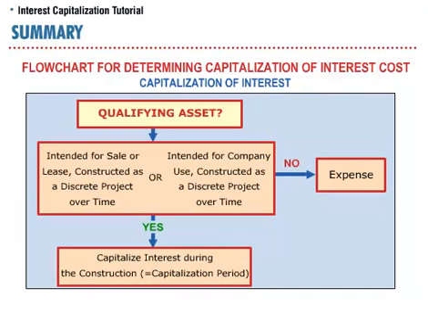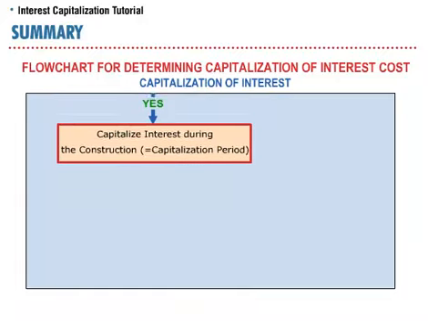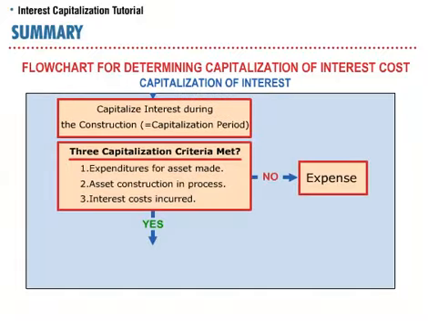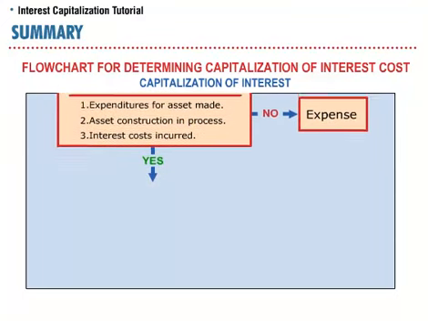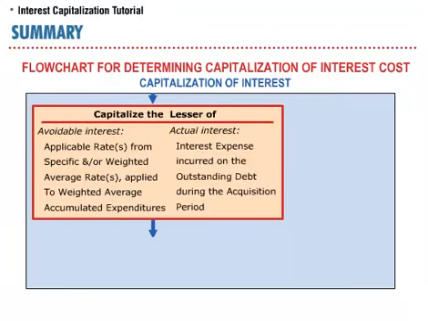The capitalization period begins when expenditures for the asset are made, when construction is in progress, and interest cost is being incurred. If the above criteria for a qualifying asset or for the capitalization period are not met, the interest should be expensed. If the criteria are met, you should capitalize the lesser of the avoidable or actual interest.